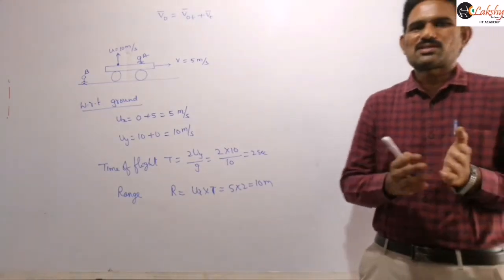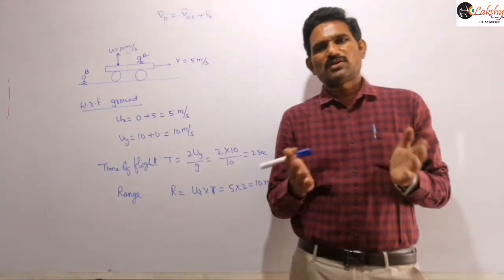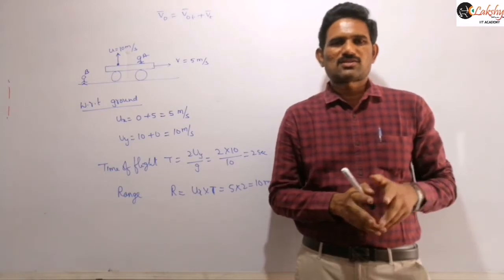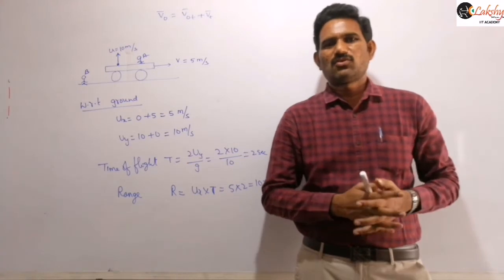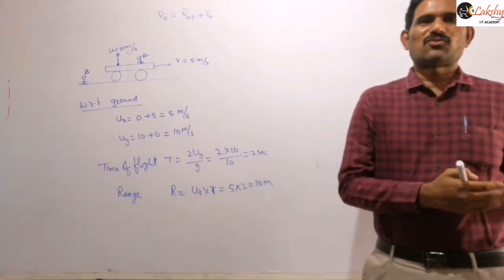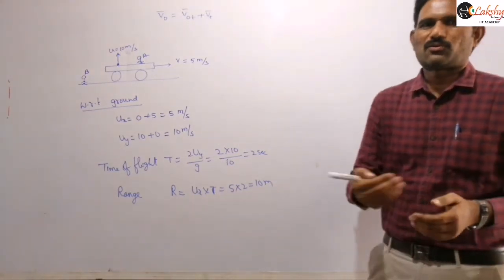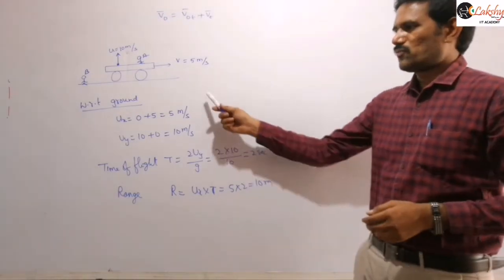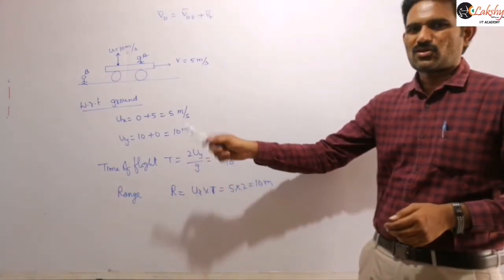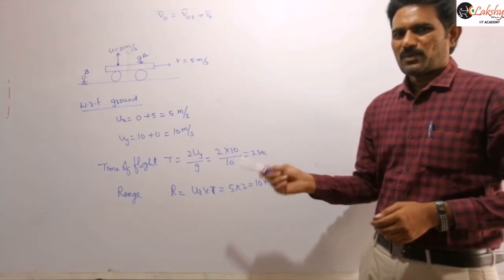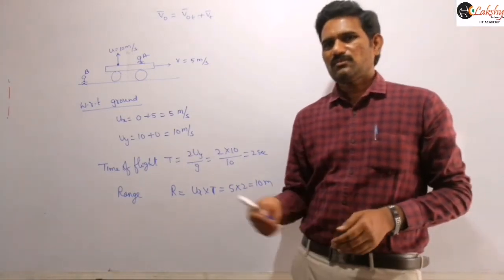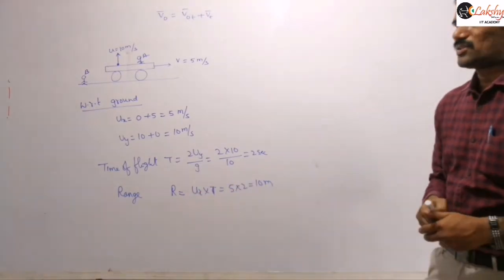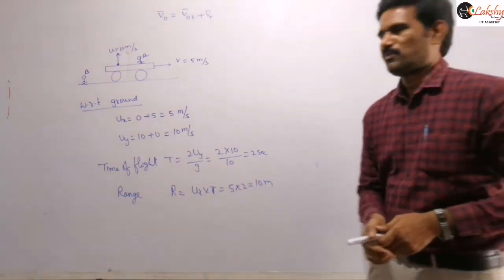So whenever the body has velocity components in two perpendicular directions, along vertical and horizontal, but acceleration is in only one direction, it follows a parabolic path. That is nothing but our projectile case, right? So from this data you can conclude that the path followed by this object with respect to the ground is a parabola.